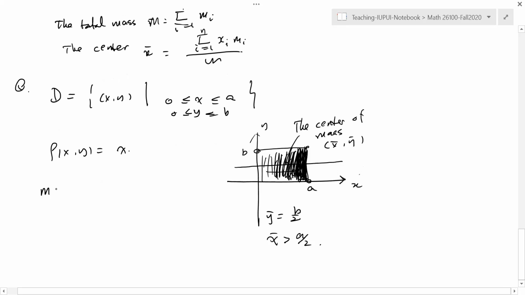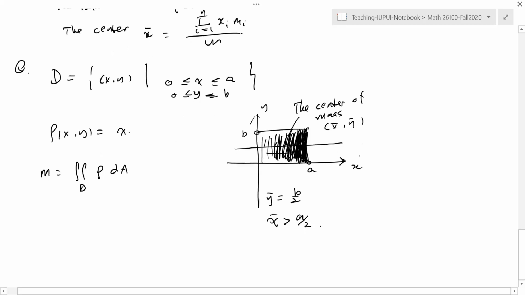So the total mass is going to be the double integral of the density function x dA. All right, let's compute this first. I just said that finding the center of mass is just three integrals. You have to be careful.